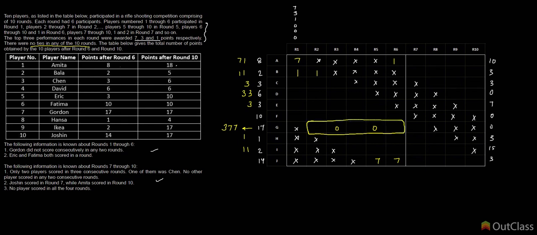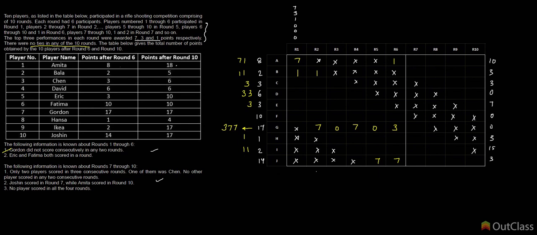I mean, that would be the third and the fifth round. Cannot have a score, so 0 0, and you have to put a 3 and 2 7s in the remaining spaces. You can't put a 7 here because there's already a 7 below it, so you'll have to put a 3 there and 7s here and here. So we've used the Gordon clue already.